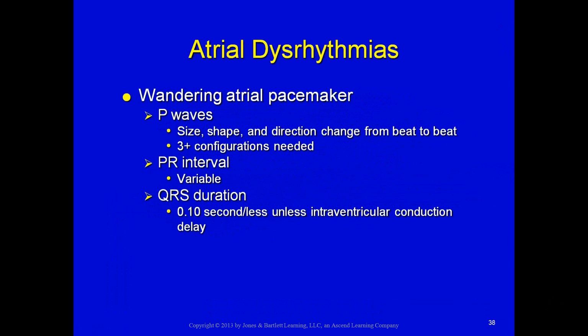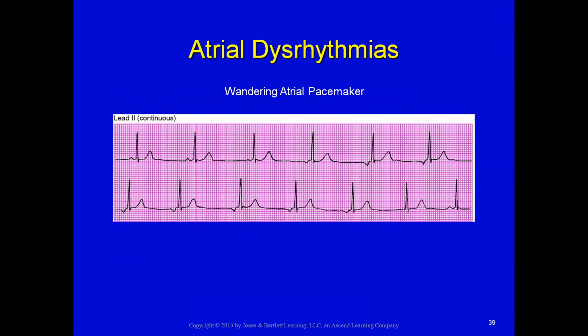Again, you've got to have 3 or more different looking P waves in order to have a wandering atrial pacemaker. The PR interval is going to vary. The QRS width should be normal unless there's some sort of delay. And as I look at this rhythm, you can see that the first 2, 3 P waves look the same, and then you've got 1, 2, 3 that are inverted. 4, 5, and 6 are inverted, but some of those inversions look different.